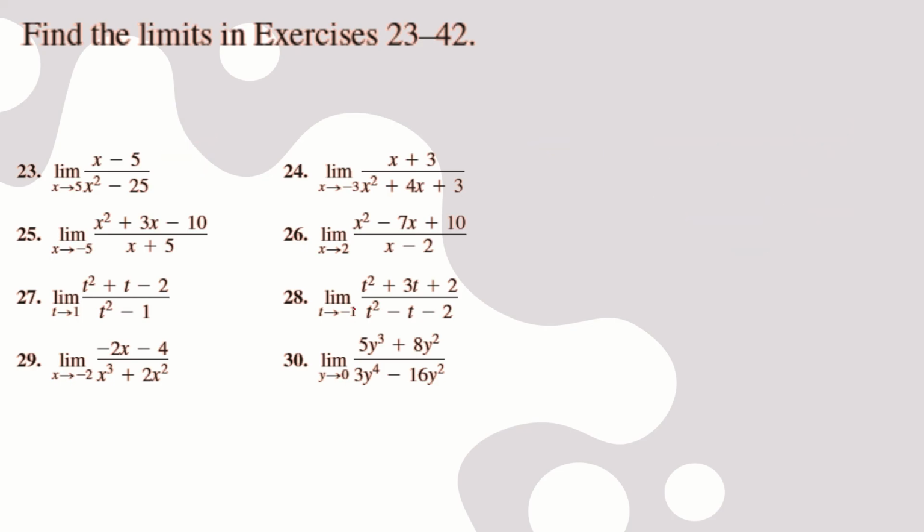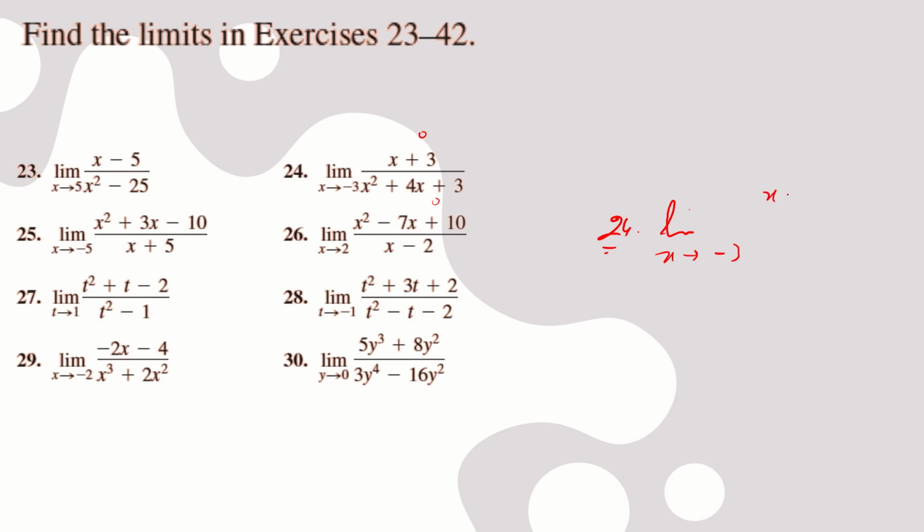Same thing in question number 24. You will do factorization. In question 24, if you put x equal to minus 3, the numerator is 0 and the denominator is also 0, so it is 0 by 0. So we have to go for factorization.